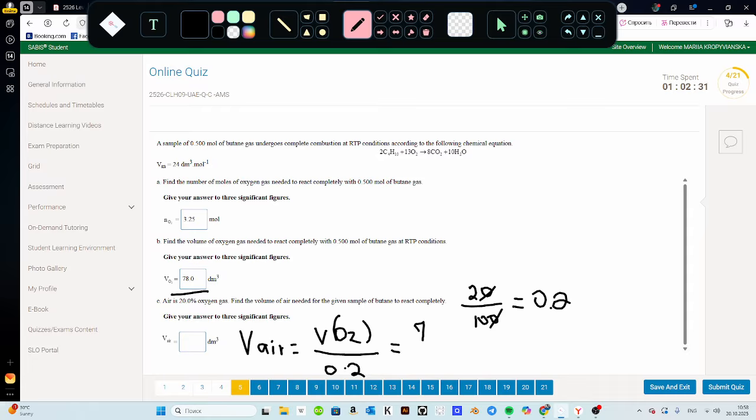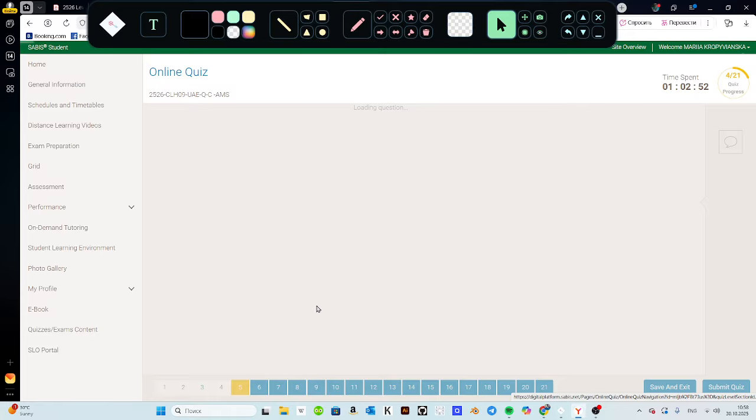It's going to be 78 over 0.2, which gives us 390. We just write that down. Okay, and that's it. We move to the next question.